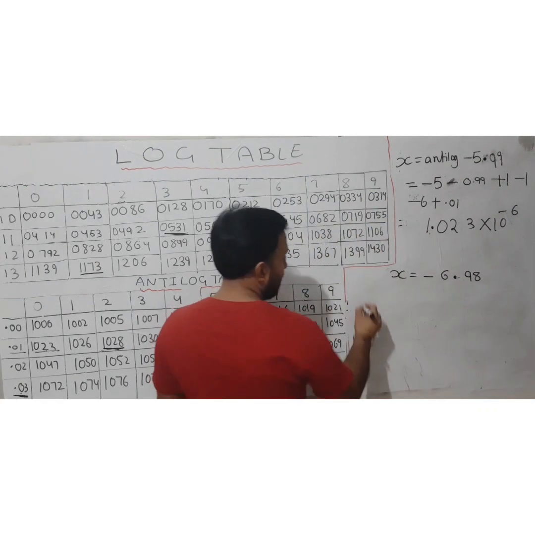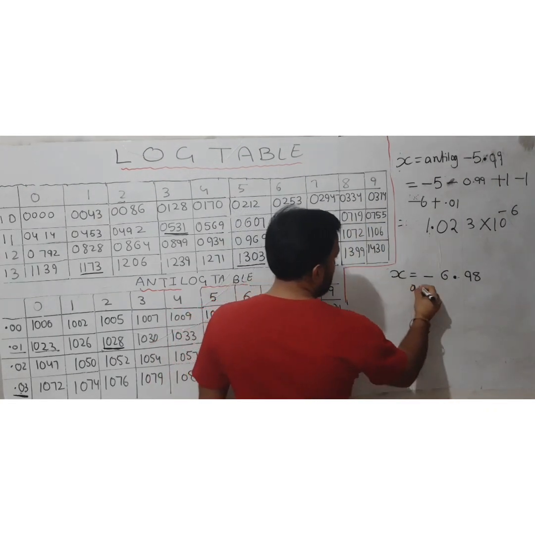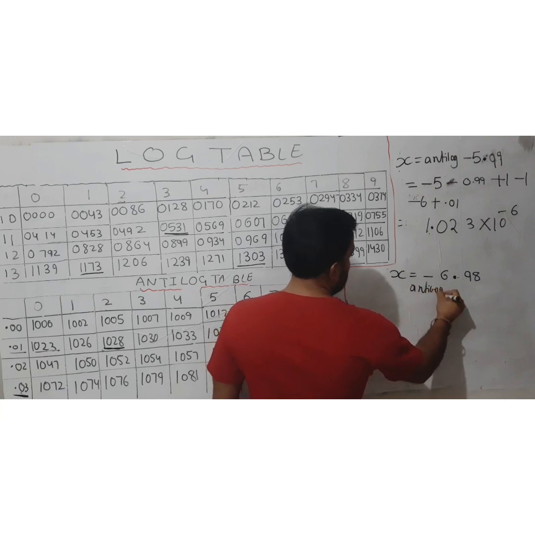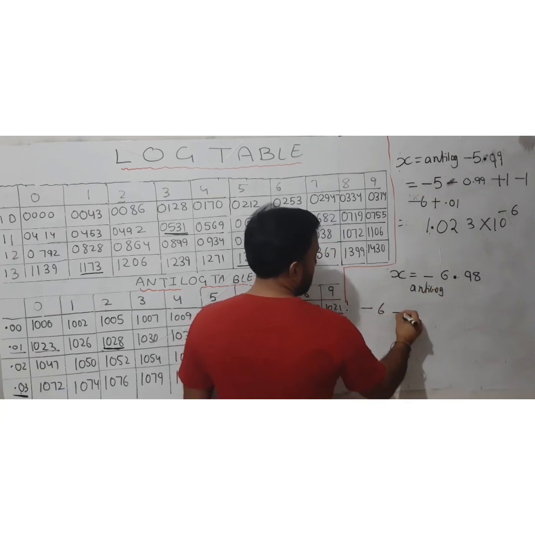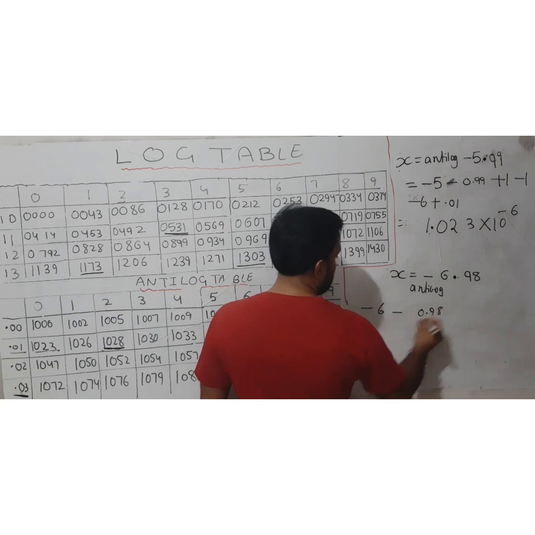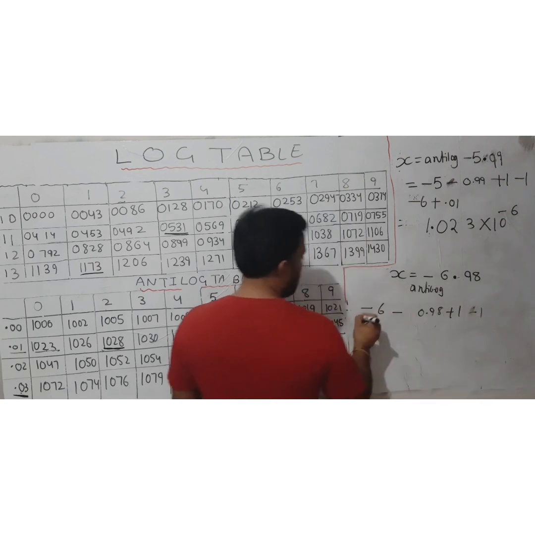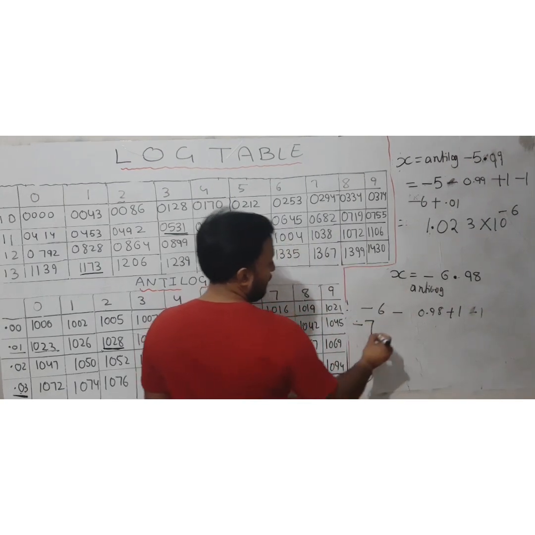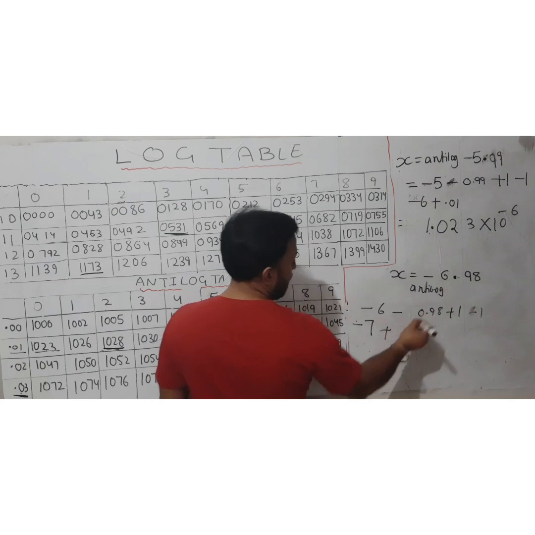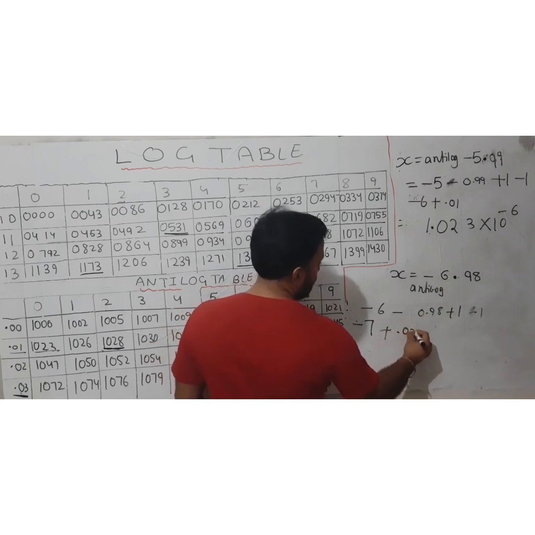One more example, if you have to take the antilog here, then minus 6, then minus 0.98. Then you have to add plus 1, minus 1. Minus 1 will be added to minus 6, it becomes minus 7, then from 1 you subtract 0.98, so it becomes 0.02.